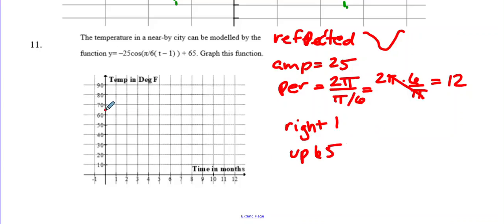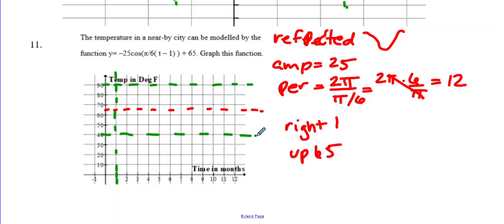So I'm going to start by graphing my midline up 65, and I'm going to start to the right 1, and my amplitude is 25, so 65 plus 25 gives me 90 as my highest point, and 65 minus 25 is 40 as my lowest point.